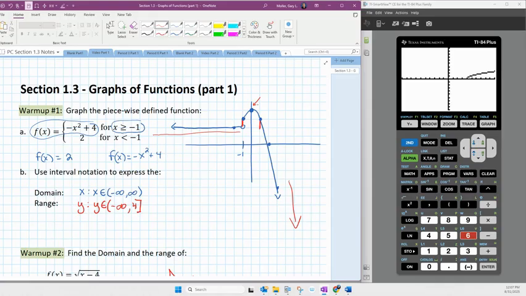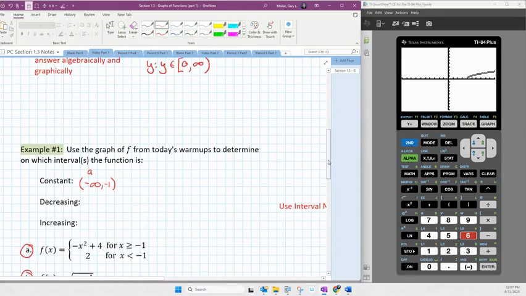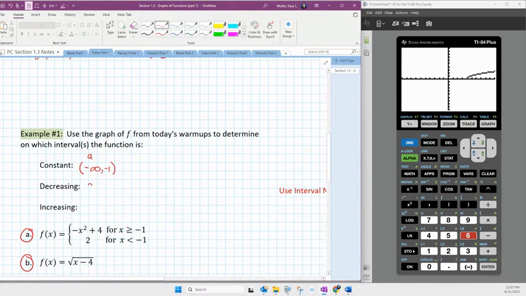And so I think we can hopefully agree that it's going down, starting at 0 and going all the way to positive infinity. In other words, starting at 0 and then moving this direction, that's when our y values are getting smaller. So I think we're going to say that we're decreasing from 0 to infinity.